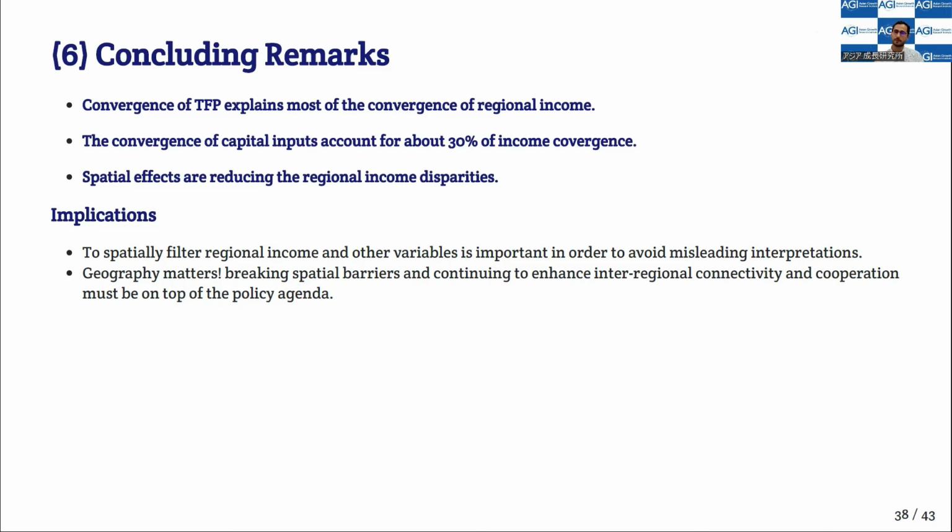This could be, for example, in terms of infrastructure, as the Chinese government is doing, for example, in terms of high-speed trains, and cooperation of regions is highly important, since regions in the same geographical area of a country face similar problems, be it rising temperatures, similar pollution levels, disasters, connectivity issues, as I said, in terms of roads, airports, or even high-speed trains or trains. In general, connectivity is very important.